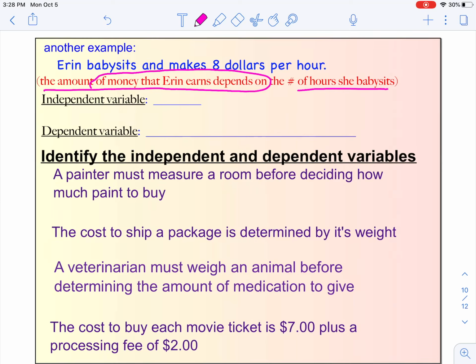If you wrote an equation, the amount she earns is equal to 8 times the number of hours she babysits. So the independent variable is the x's, or the number of hours she babysits. And the dependent variable is the money she earns.